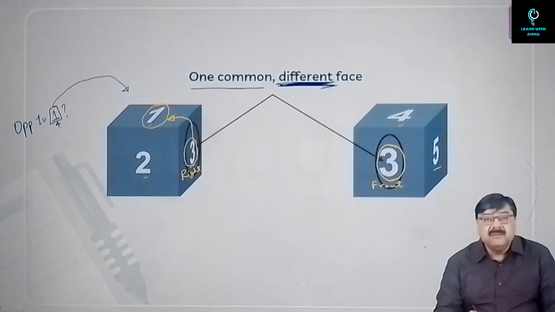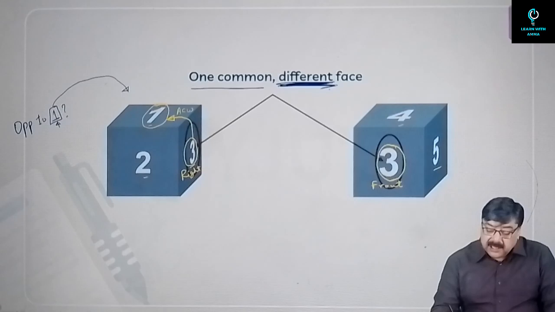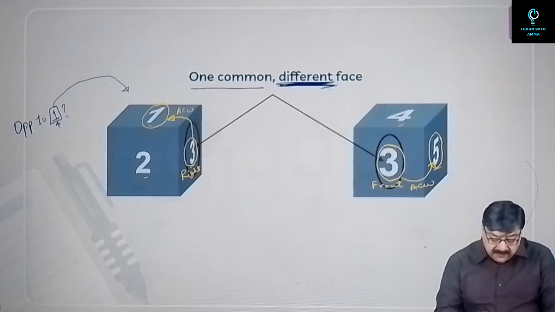This is a kind of a curve. So this direction is the anti-clockwise direction. So in the other diagram on the right hand side, we will move in the anti-clockwise direction to get our answer as 5.